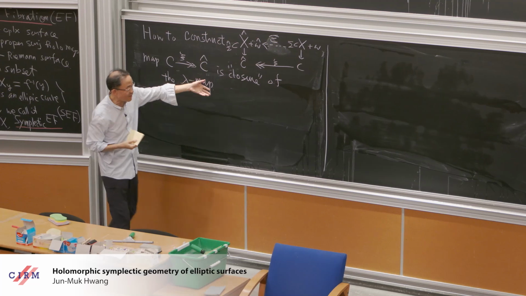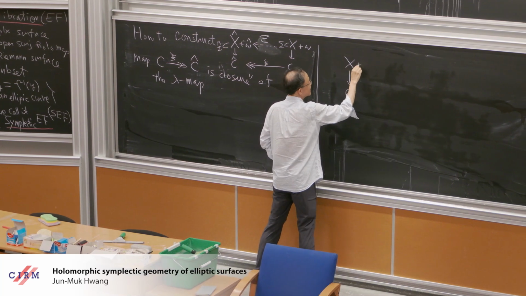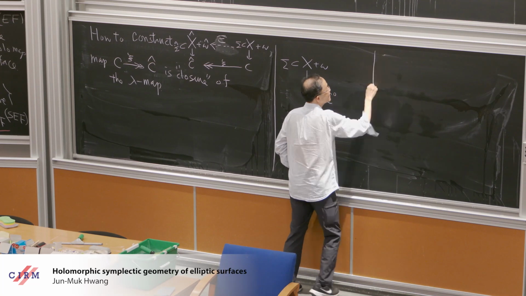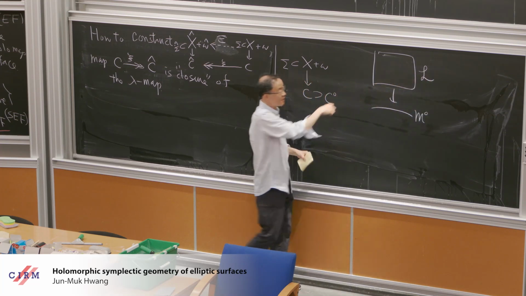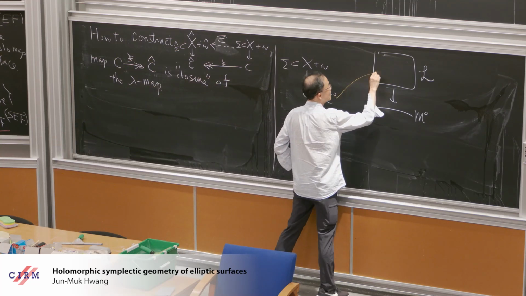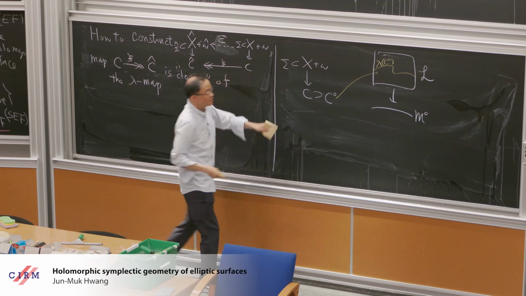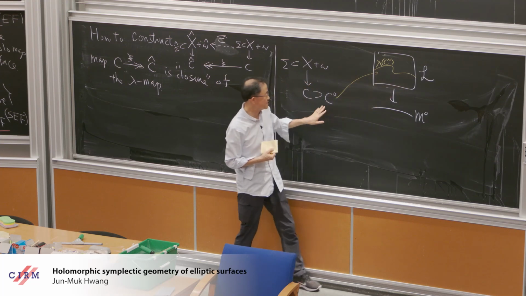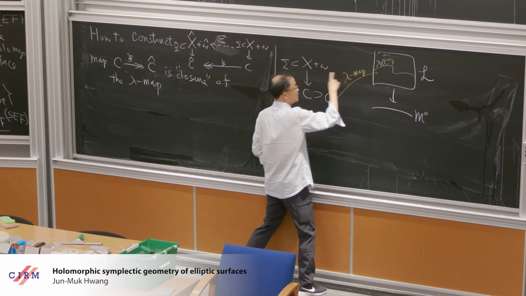I cannot define it precisely, but what you have is this symplectic elliptic fibration, and inside here you have some open set, and here you have this bundle of tautological lattices, and lambda is a map from C0 into here. So this is lambda.